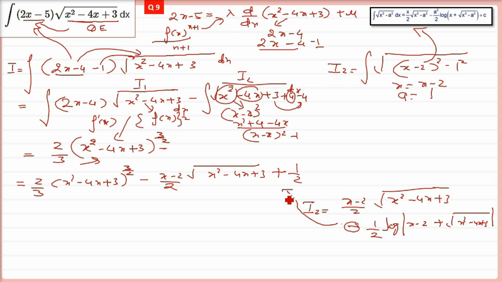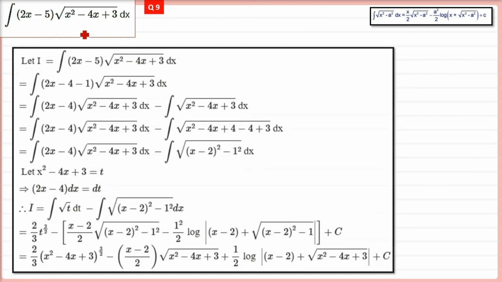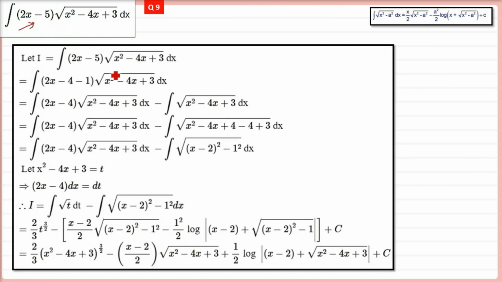I'm just writing this, in place of I2, I'm replacing the actual result. Half log modulus of x minus 2, then plus under root x square minus 4x plus 3, and close the modulus. Now you can add a constant of integration, which is the C1 and C2 of I1 and I2. Now this is a very direct way of solution, and you can just follow this method, if you are quite confident.